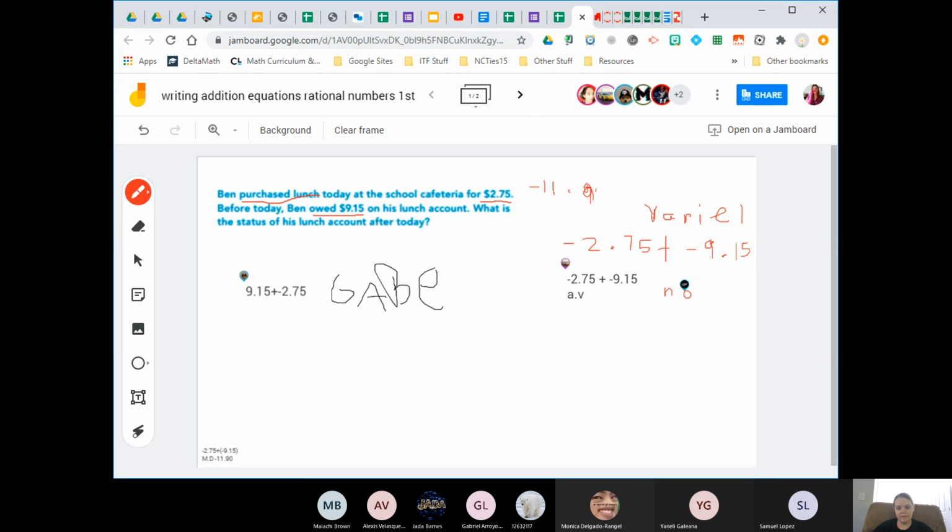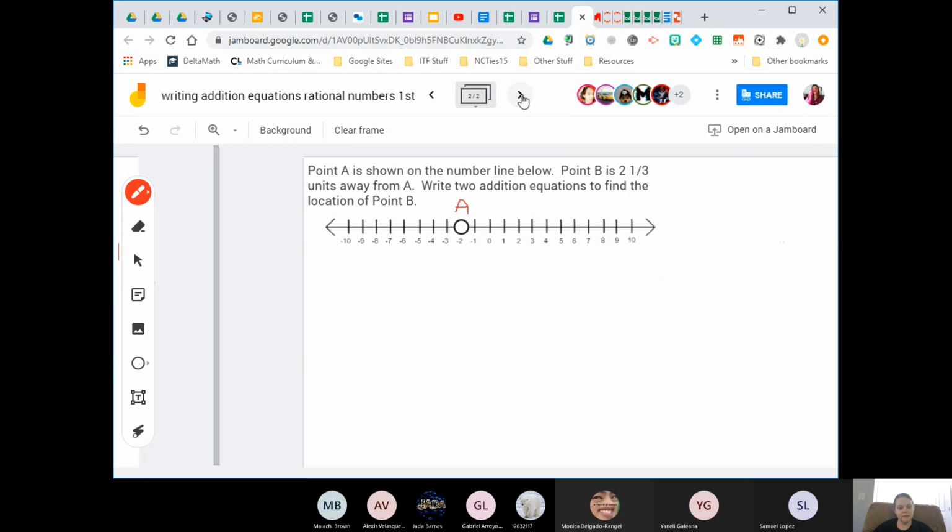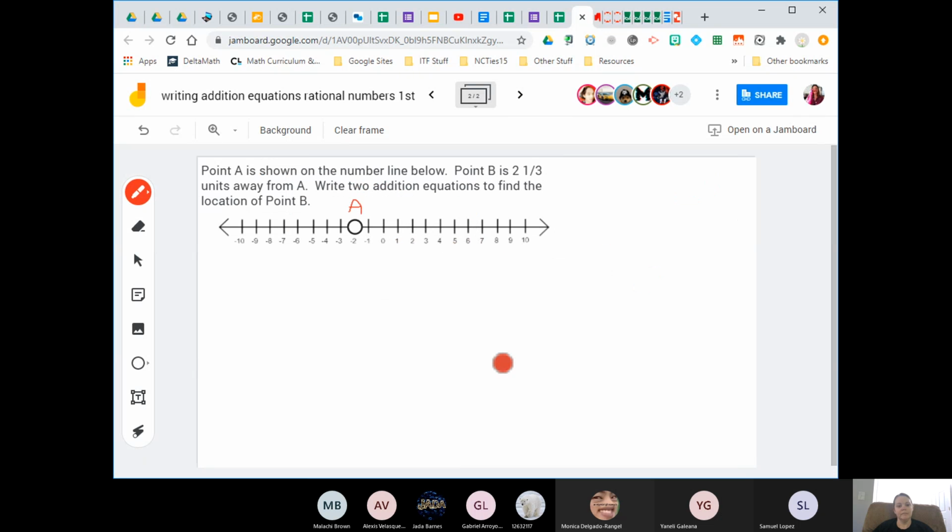All right, let's move on to the second slide then. All right, so this is like that first problem that I showed you whenever we started class today. Point A is shown on the number line below. Point B is 2 1/3 units away from A. Write two addition equations to find the location of point B. So we need to ask ourselves two things.